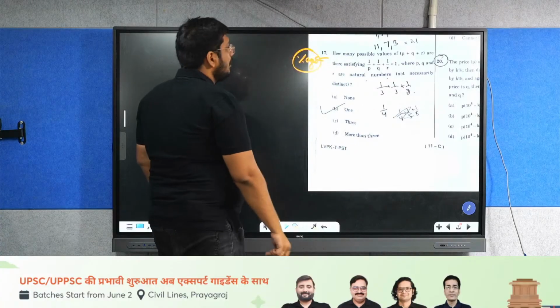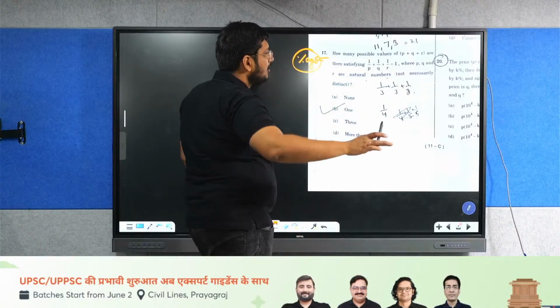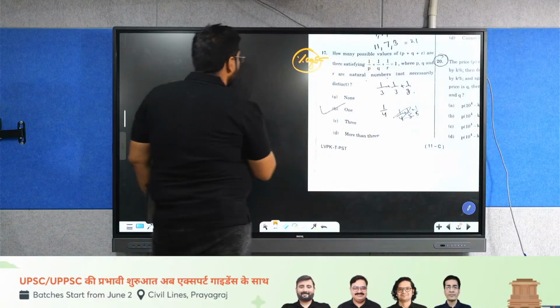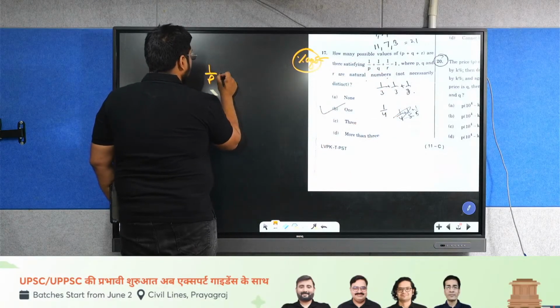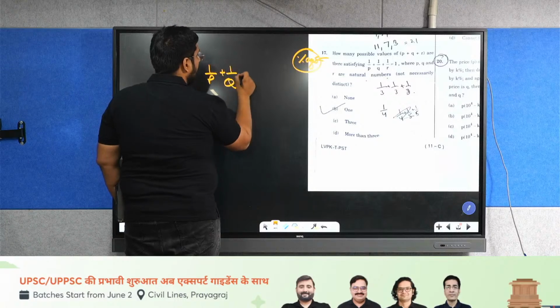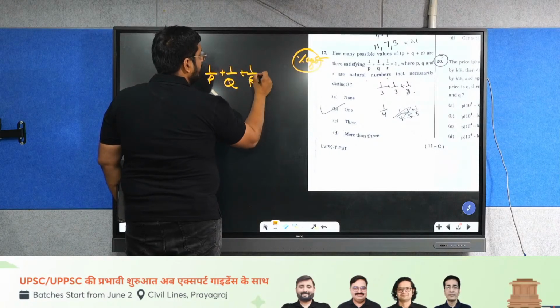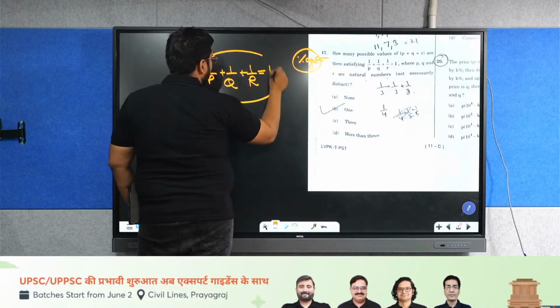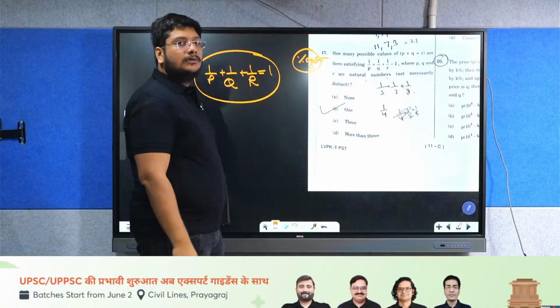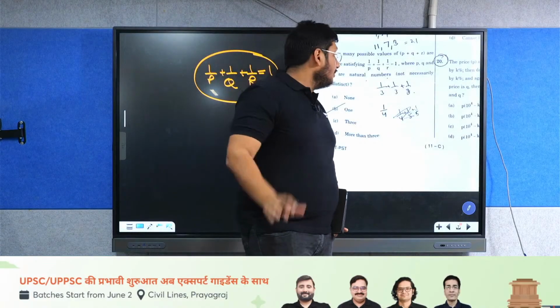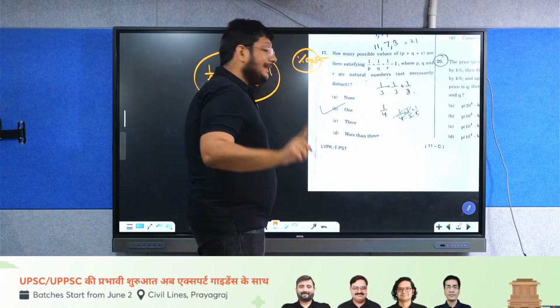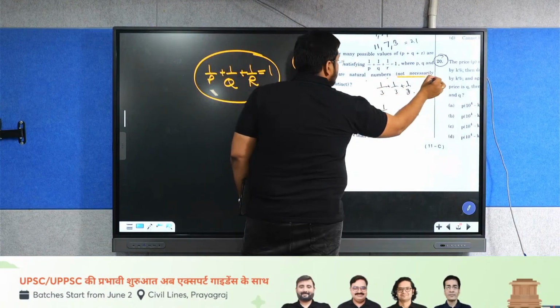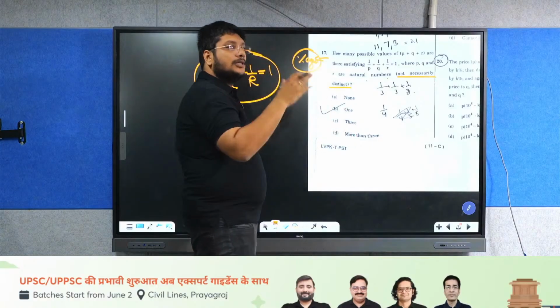How? Let's see. How many possible values of P plus Q plus R are there satisfying 1 by P plus 1 by Q plus 1 by R is equal to 1? There is one more thing very clearly mentioned: not necessarily distinct. It can be the same also.